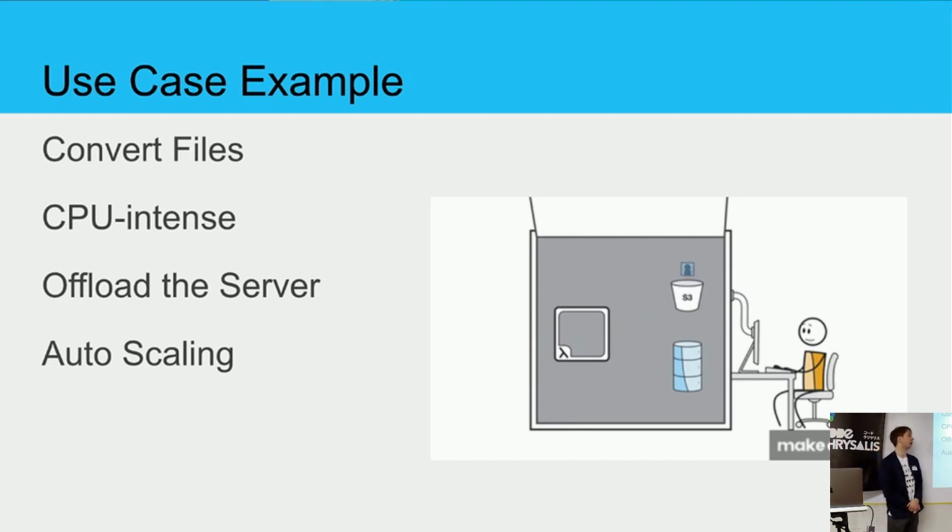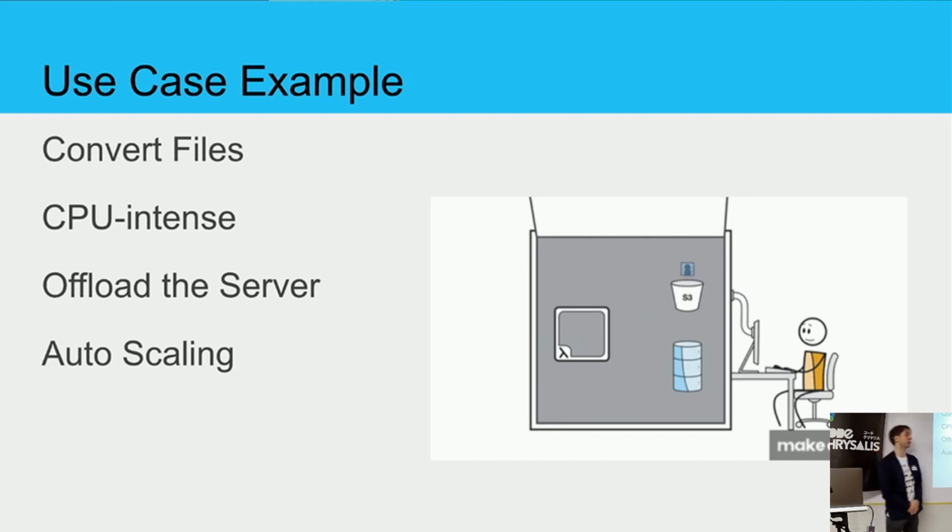You want to give them the possibility to upload, for example, Word files or OpenOffice documents, and a lot of different kinds of documents, maybe even images. And then you want them converted into PDF files.